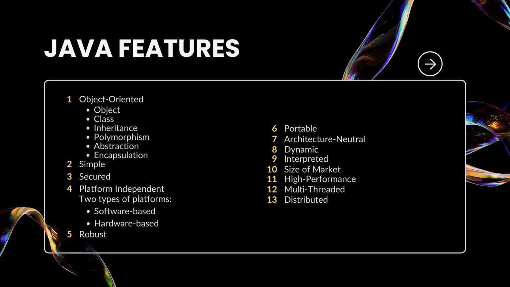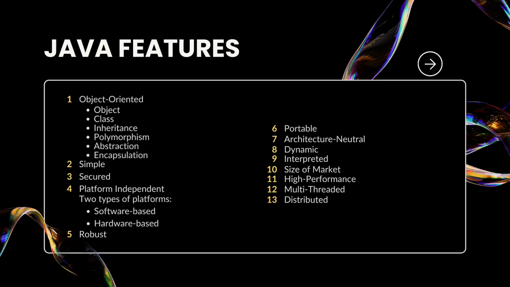One of the key strengths of Java is that it's object-oriented. It follows the major OOP concepts: objects, classes, inheritance, polymorphism, abstraction, and encapsulation, which help developers build structured and reusable code.